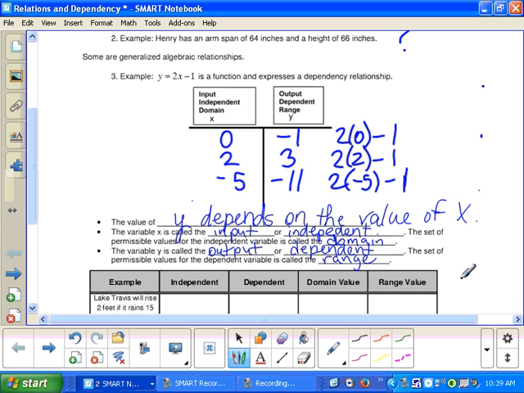You need to know the vocabulary. All the things that mean domain, x, input, independent, range, output, dependent, y. All of these come first. All of these come second. It's like they do in a chart table like what we've done before.